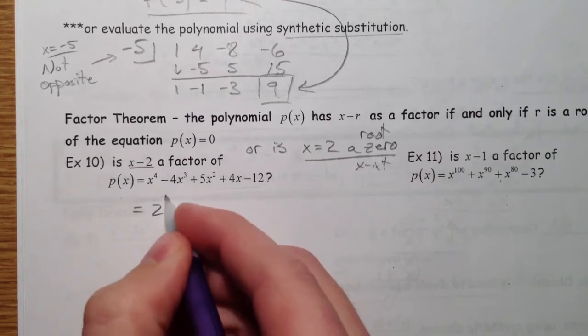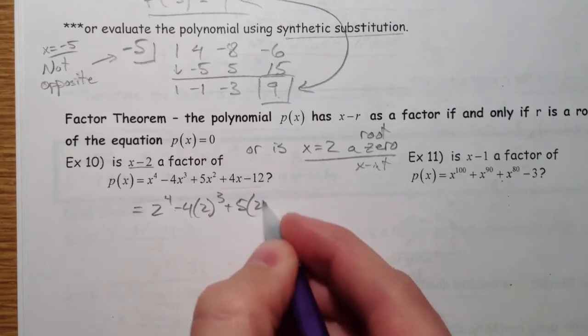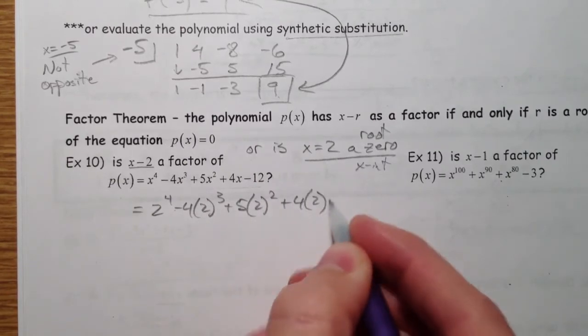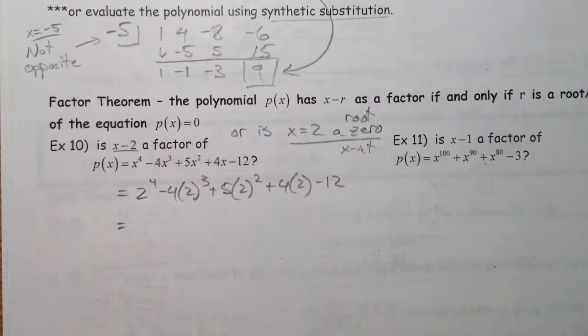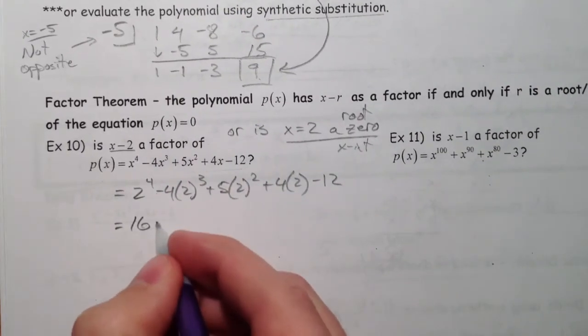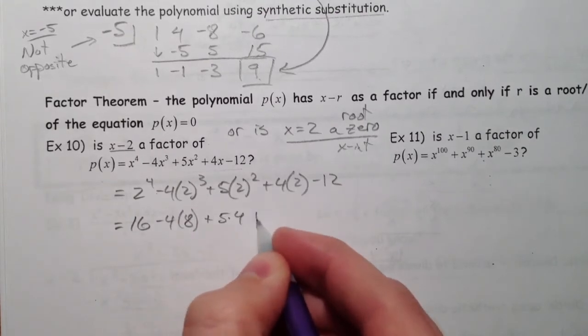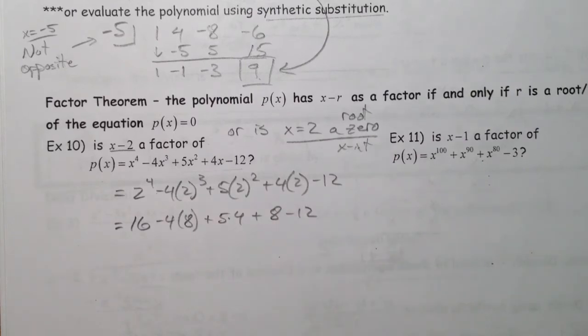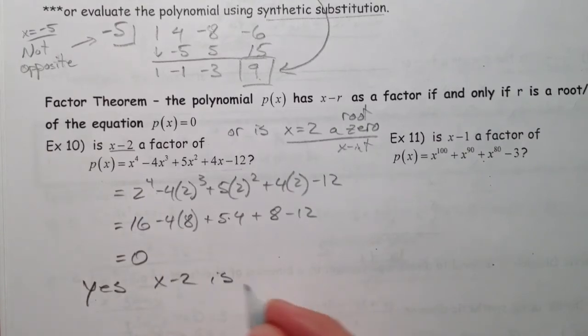So plug in 2. 2 to the 4th minus 4 times 2 cubed plus 5 times 2 squared plus 4 times 2 minus 12. 16 minus 4 times 8 plus 5 times 4 plus 8 minus 12. Yes, x minus 2 is a factor.